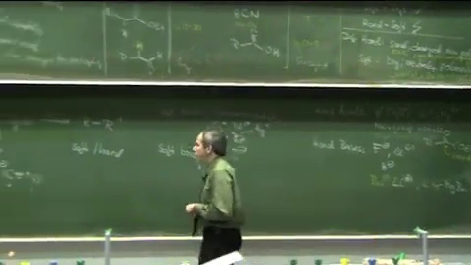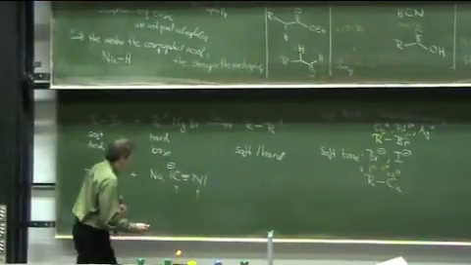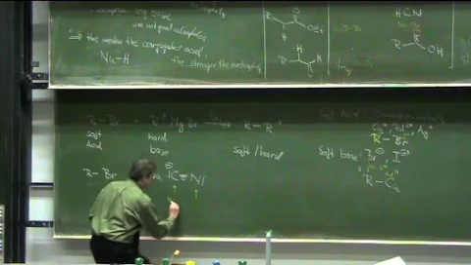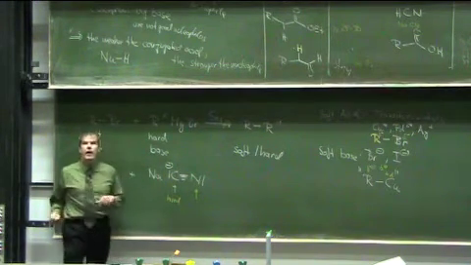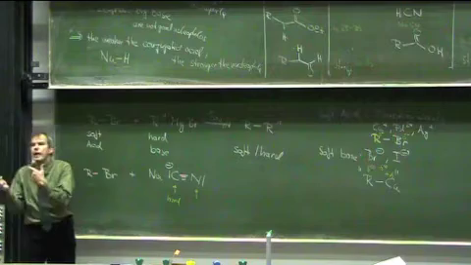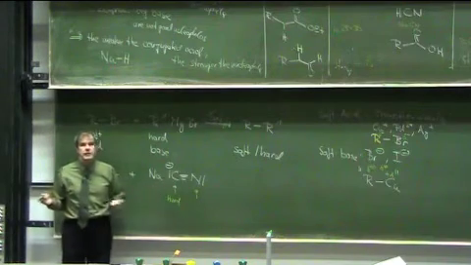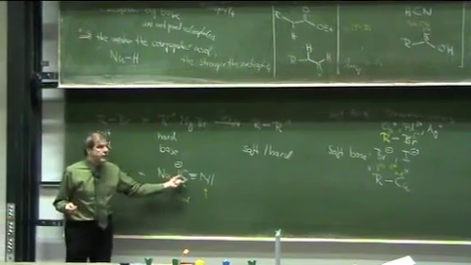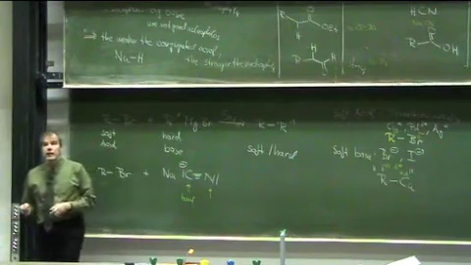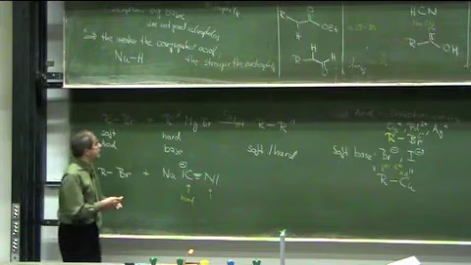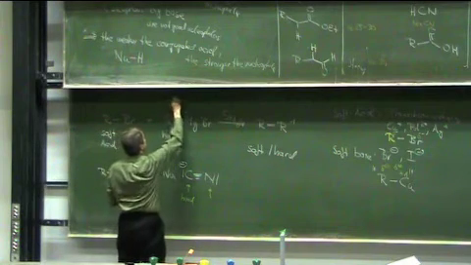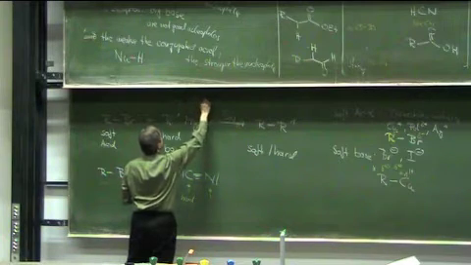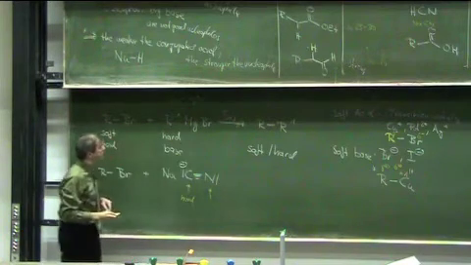So if I do a comparison here, I would argue that the cyanide really is hard. Or at least if I compare it to this. If I compare it to the Grignard reagent, I would clearly say the cyanide is not as hard as a Grignard reagent, like methyl magnesium bromide.